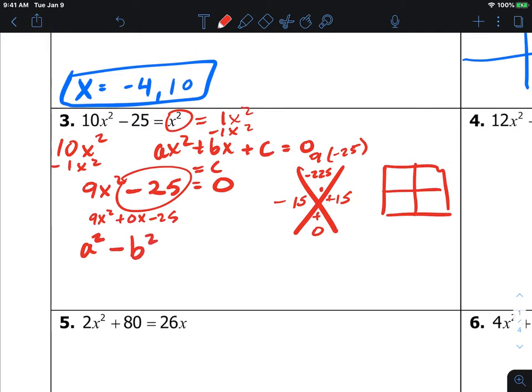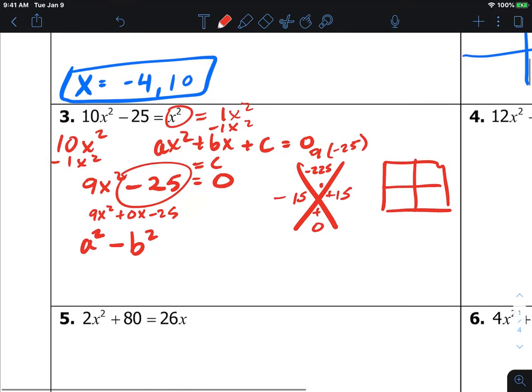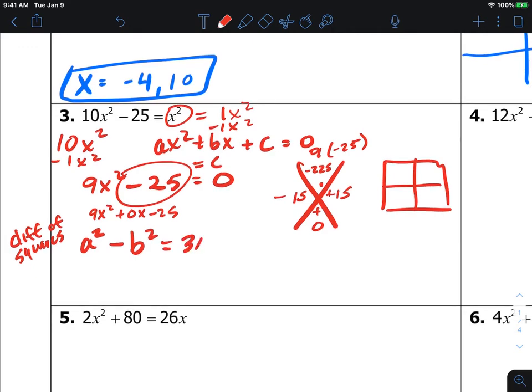Remember that? That's called the difference of squares. So I did all that work, but I don't really want to do Xbox here because I could just solve this by going, wait a minute, that's 3x squared, that's minus 5 squared. And these always factor to an a plus b times an a minus b.